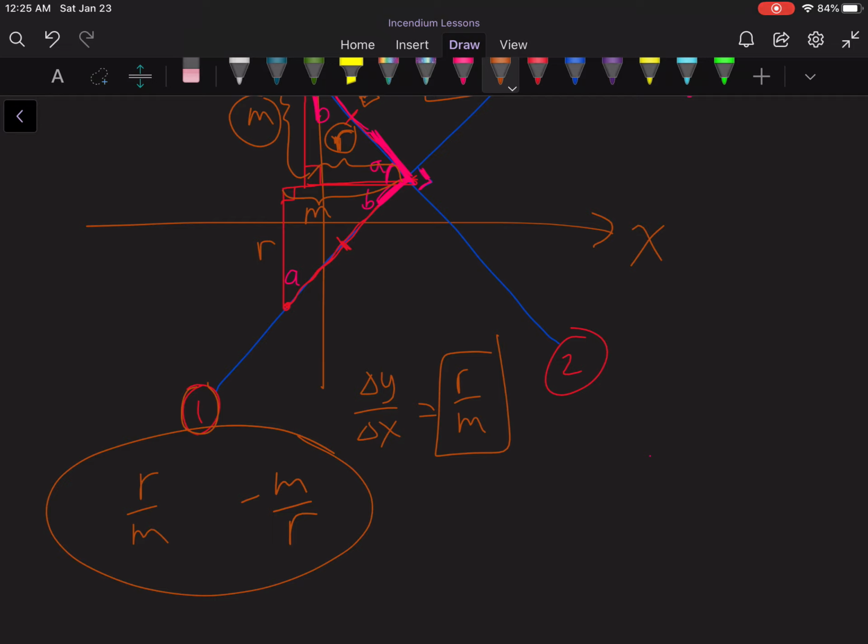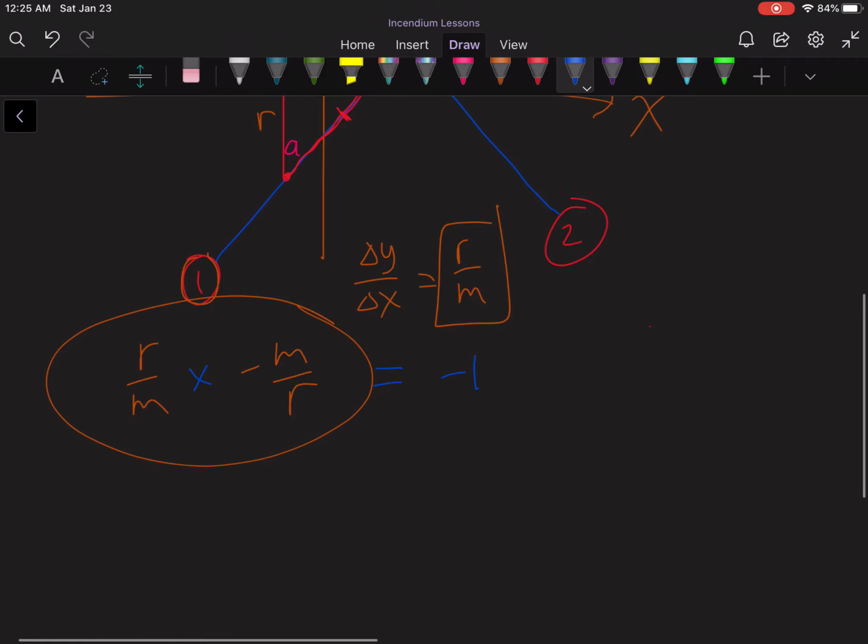So, okay, now you might be asking, if you don't know already, what is a negative reciprocal? Well, if you multiply two negative reciprocals together, you get negative 1. And we can verify this because the r's cancel out, the m's cancel out, leaving you with negative 1 equals negative 1, right? So a and b are negative reciprocals if they multiply to negative 1.